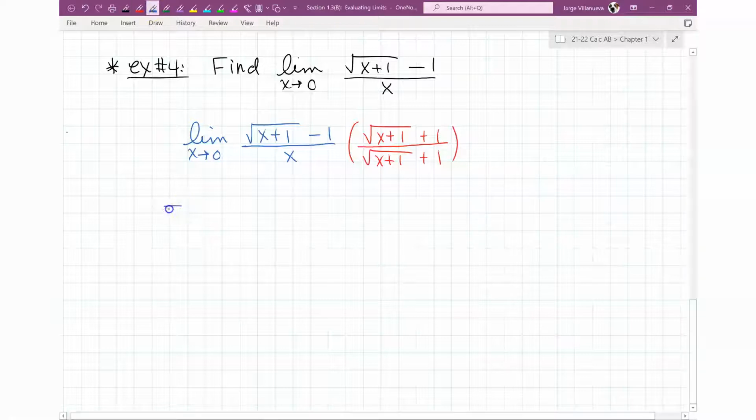Now I'm going to go ahead and multiply. I'm just going to FOIL, that's what a lot of people like to call it, right? First, outer, inner, last. So square root of x plus 1 times the square root of x plus 1 is just x plus 1.